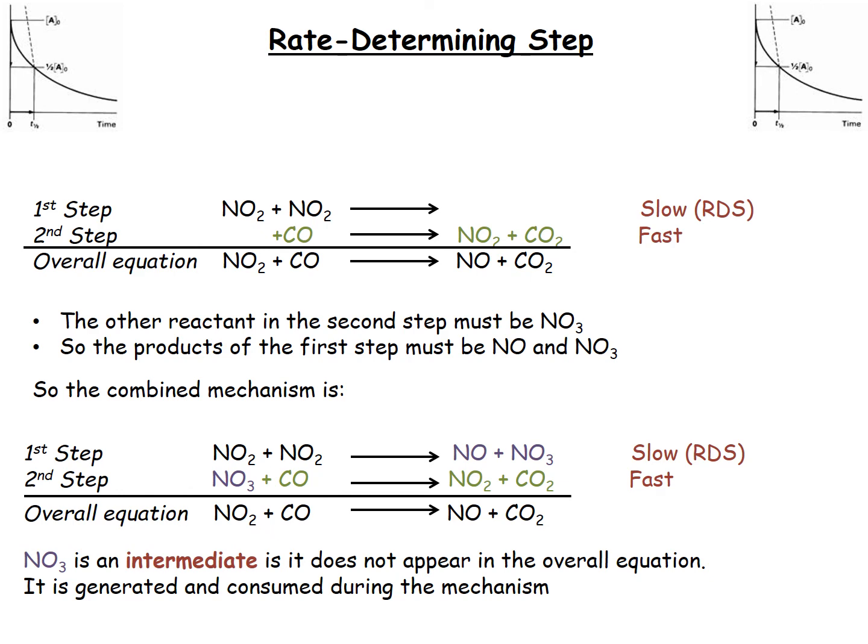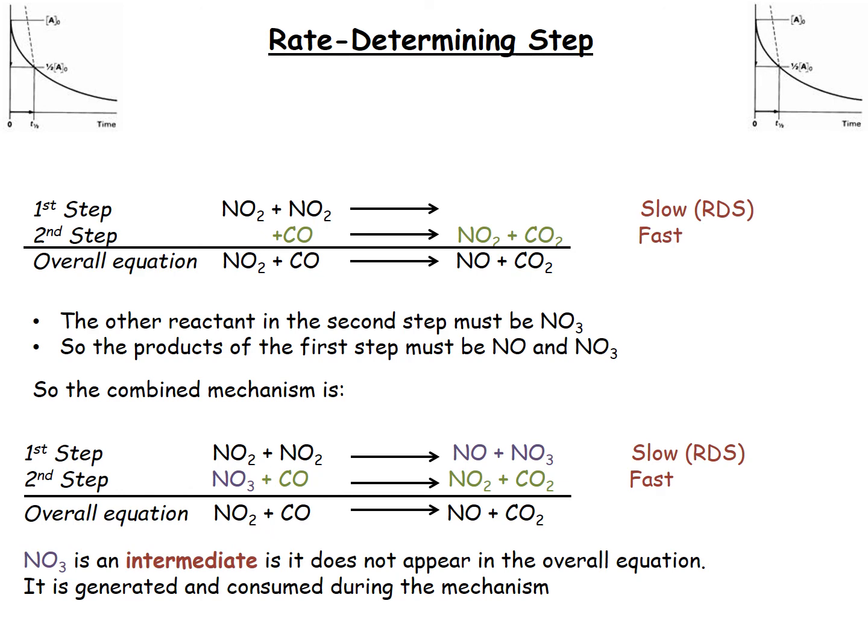So at the bottom, combined mechanism: NO2 makes NO and NO3. And then NO3 plus CO makes NO2 plus CO2, which is the next step in the overall equation.